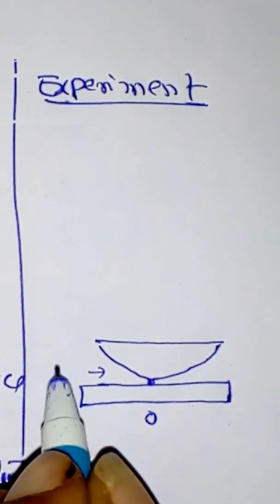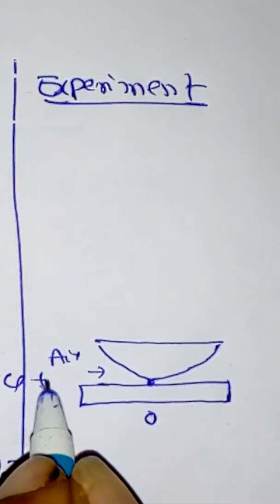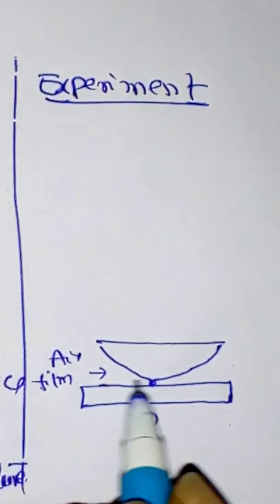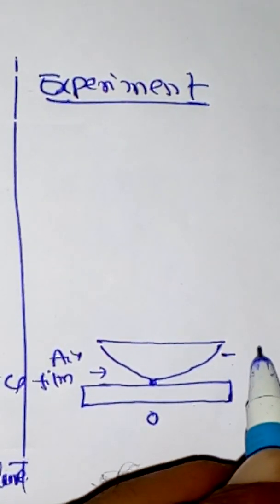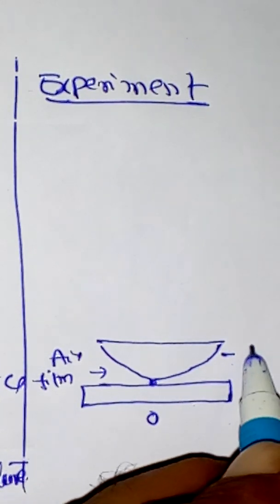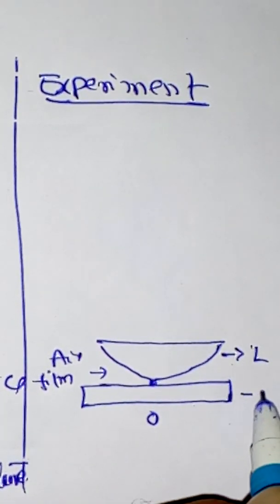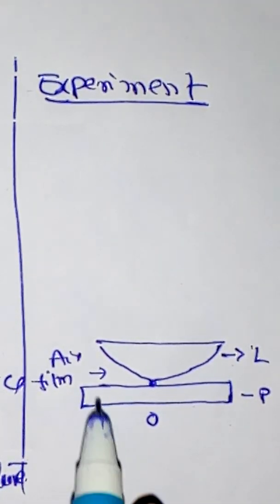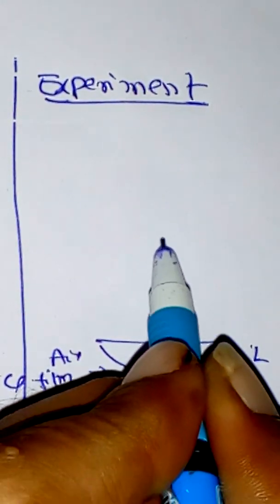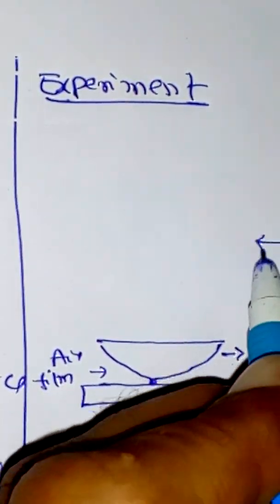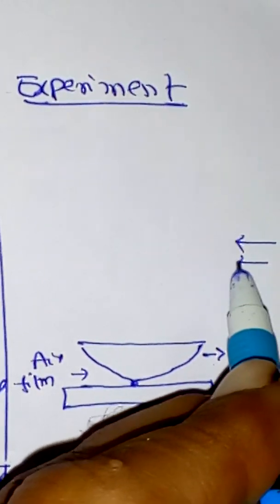So this is the air film. This is the plano-convex lens. This is the glass plate. And here we assume that monochromatic light is coming like this.